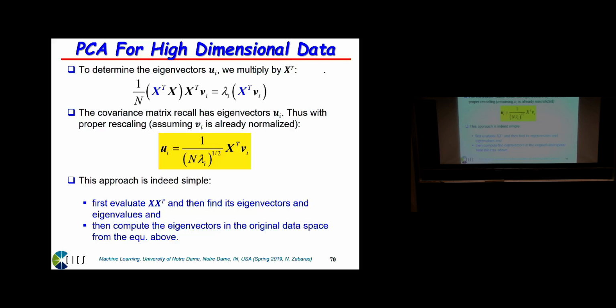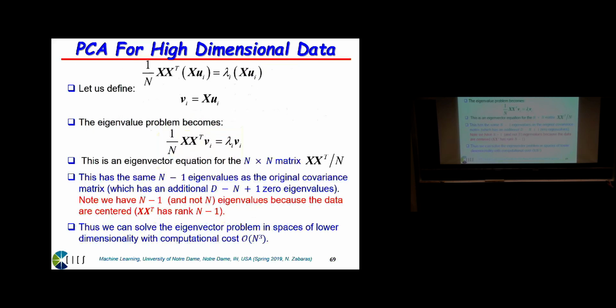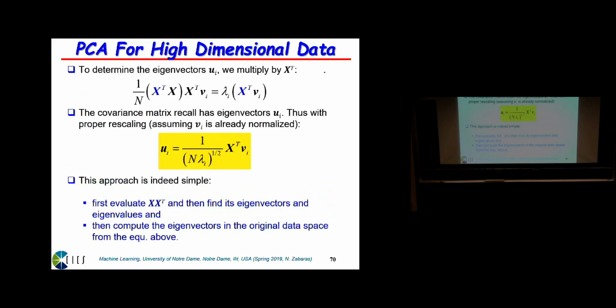So bottom line, if you have a problem of high dimensionality, this is the eigenvalue problem to solve. Dimension N by N, you keep the non-zero eigenvalues, and eigenvectors will be of order N minus 1. And then once you get v, you actually have u in place. This is very much advisable for many cases because many data are high dimensional, but you have very few of them.